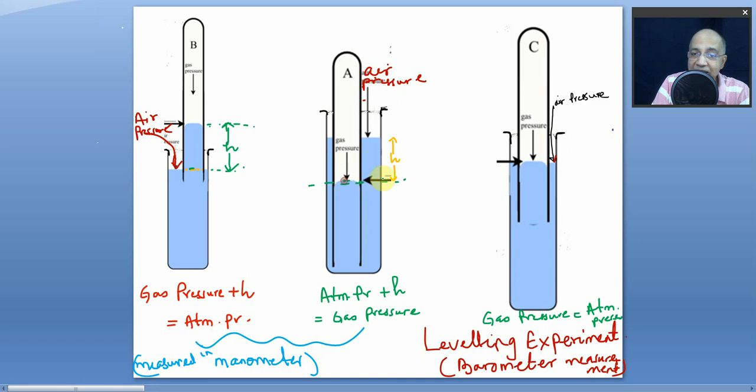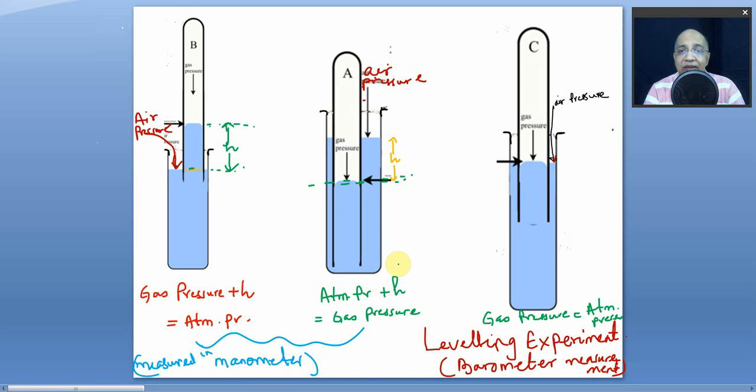So if the levels are same, the pressure is same. So only the gas pressure is acting at this level, and air pressure plus the liquid pressure of height h is acting at the same level. So atmospheric pressure plus h is equal to gas pressure.